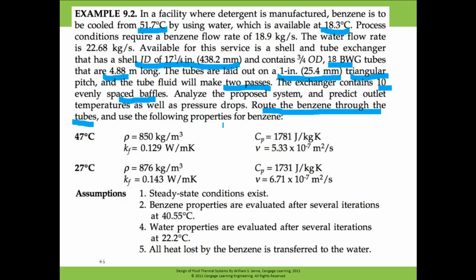Okay, so here they suggested the properties of benzene at 47 and 27 are these. The assumptions for this problem are again the same as what we did for the double pipe heat exchanger: the process is steady state, the properties remain constant throughout the length of the heat exchanger, and all heat loss by the hot fluid is equal to the gain by the cold fluid.